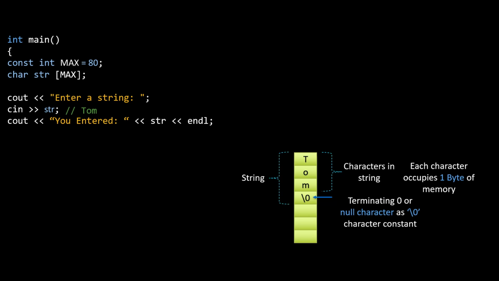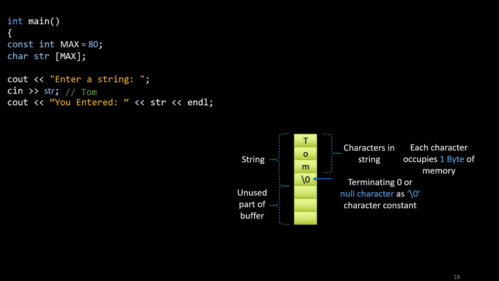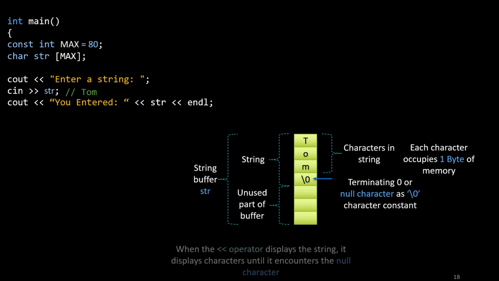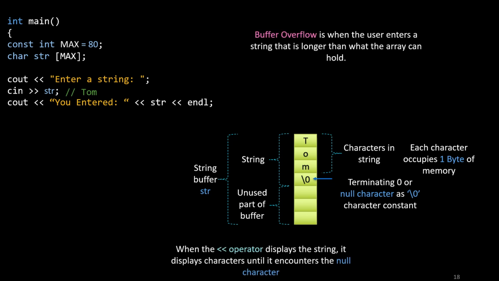This is the entire string itself. Notice the difference between the characters in the string and the actual string itself. And this is the unused part of the buffer. And here's the entire string buffer str. When the extraction operator displays the string, it displays characters until it encounters the null character.